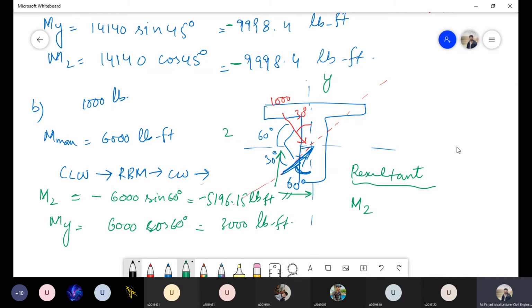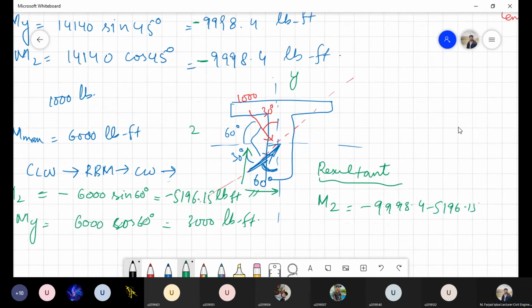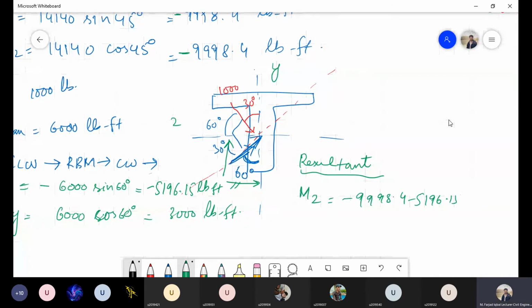So the resultant Mz will be minus 9999.4 plus, and this is also negative, so negative 5196.15. So what is Mz? And in the same way, My will be minus 9998.4 plus 3000.